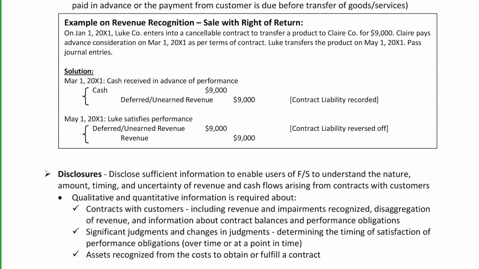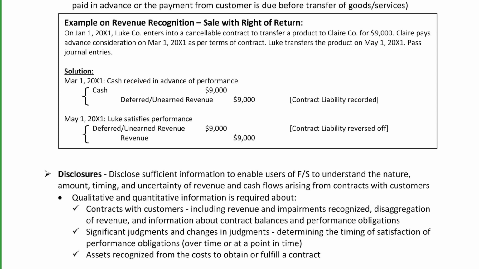So guys, when cash is received by Luke in advance of performance on March 1st, that's recognized as deferred or unearned revenue, a contract liability. Only when Luke satisfies the performance on May 1st, that contract liability, that deferred or unearned revenue, is reversed off and revenue is recognized.